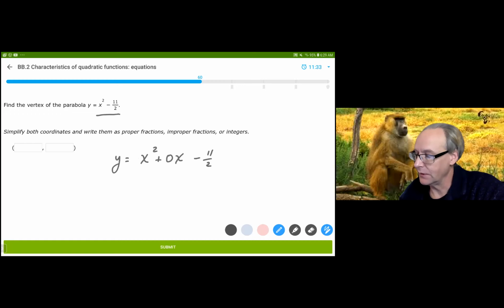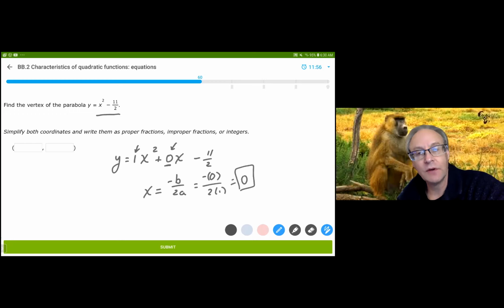So it's a 0 as its coefficient. That means my b is 0 and my a is 1, of course, like usual. But notice that the vertex is at x equals negative b over 2a. Well, in this case, negative 0 over 2 times 1 is still just 0.